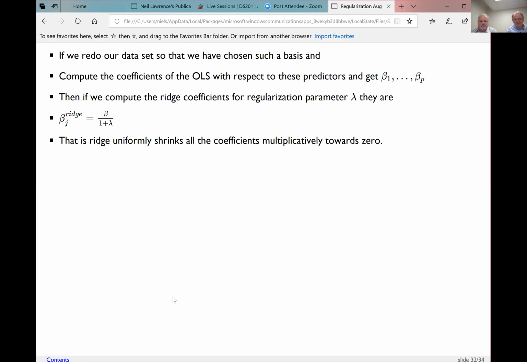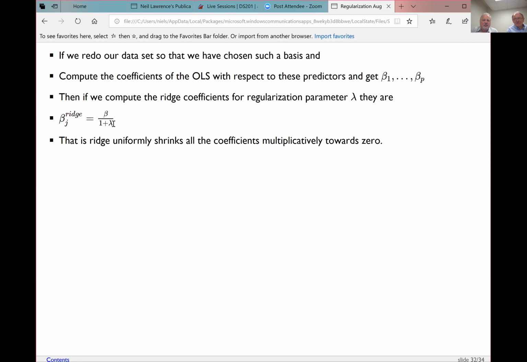Now, what happens if instead of doing regular regression on this basis, and this is special to this basis, you do ridge with a parameter lambda? Then you actually are shrinking the coefficients by the factor 1 plus lambda. You can show by algebraic manipulations that when you have this right kind of basis, all ridge is doing is shrinking all the coefficients uniformly towards 0.